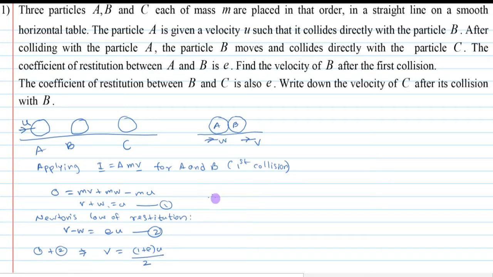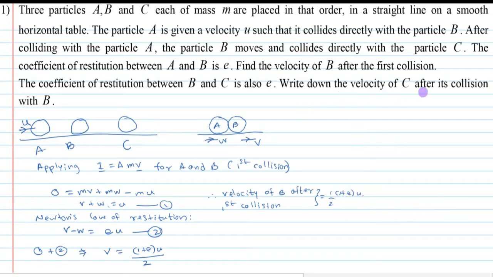Therefore, the velocity of B after the first collision is equal to 1 over 2 times 1 plus e times u.